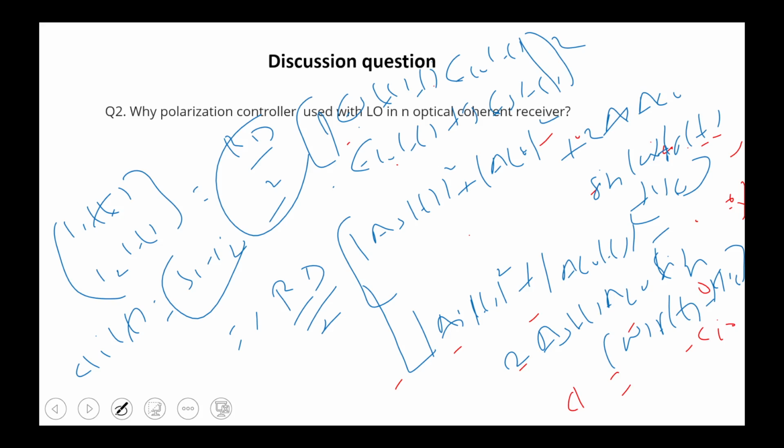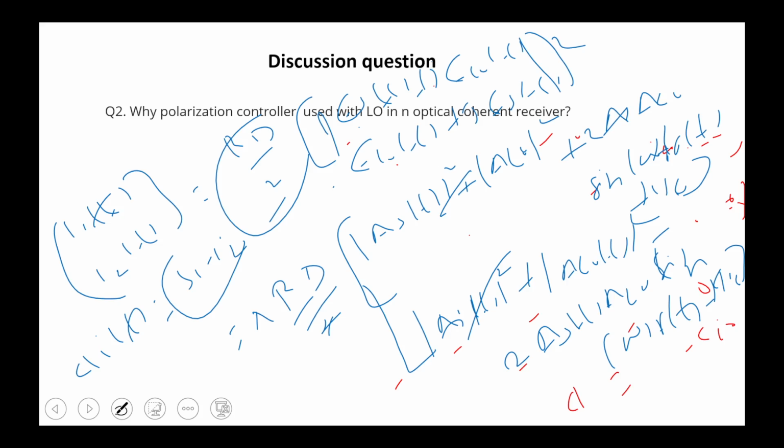If we subtract I1 and I2, these both things will be gone, because minus minus, the two components will be subtracted. We remain only with RD by 2 and RD by 2, so it will be plus 2 and plus 2, 4 divided by 2, so it will be 2 RD remaining, and we have remaining AS and ALO, the imaginary component sin(omega t plus phi).